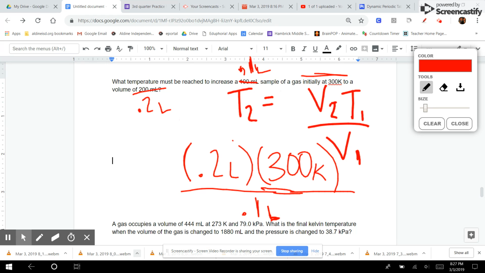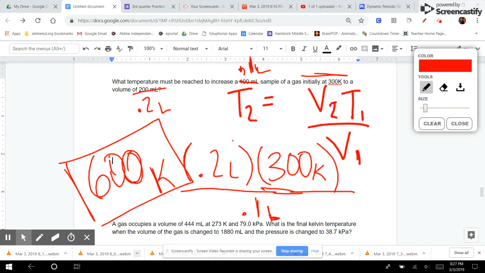Okay. So in doing my calculations, I get an answer of 600. And since I'm calculating for temperature, that unit is 600 Kelvin as my final answer.